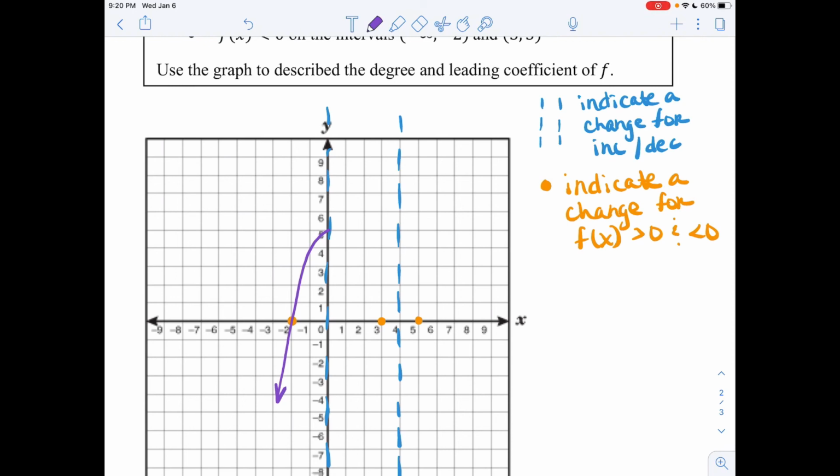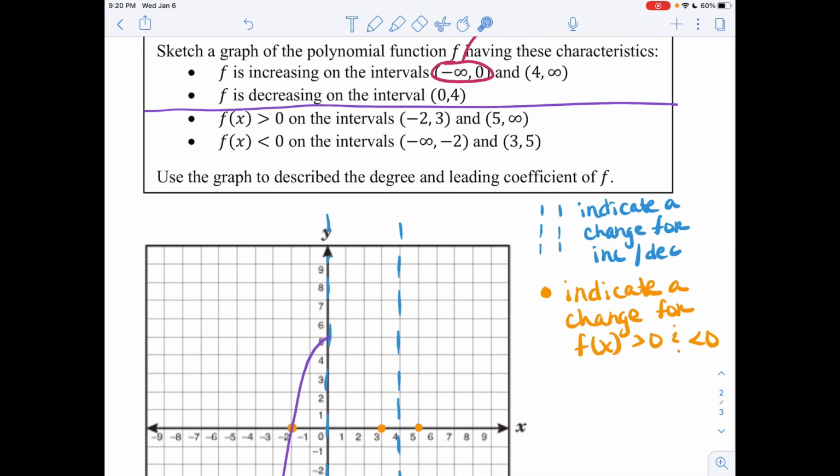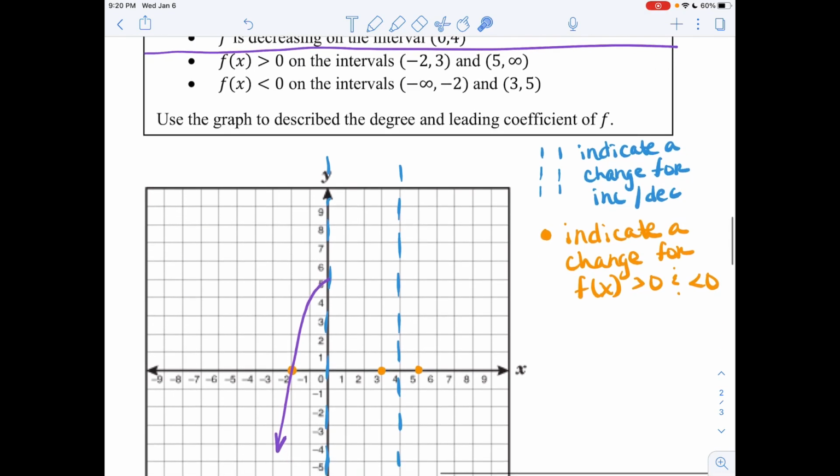All right, we're told that we are decreasing all the way now until we get to 4, right? We are decreasing from 0 to 4, but we also know that we cross the x-axis again because we are below the x-axis between 3 and 5.